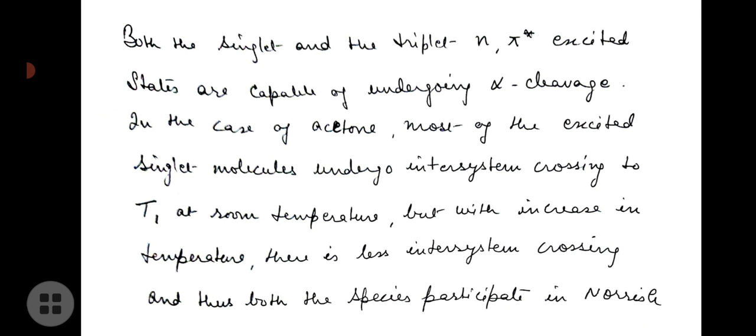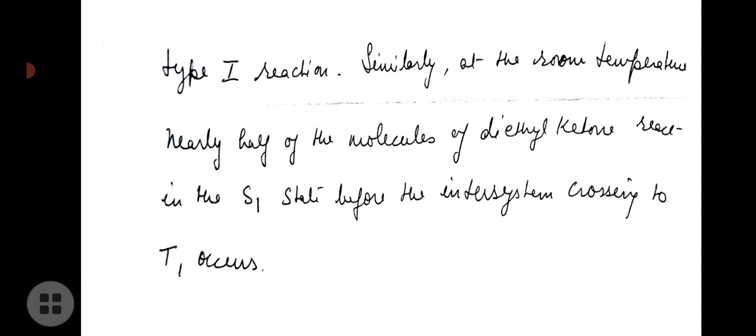Thus, both the species, singlet and triplet, participate in the Norrish type first reaction. Similarly, at room temperature, nearly half of the molecules of diethyl ketone react in the S1 state before the intersystem crossing to T1 occurs.